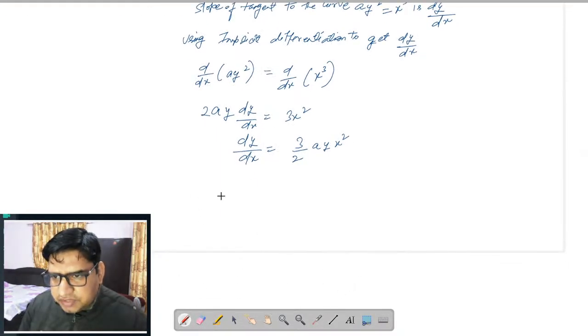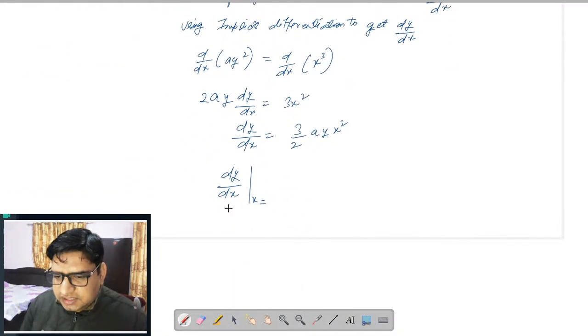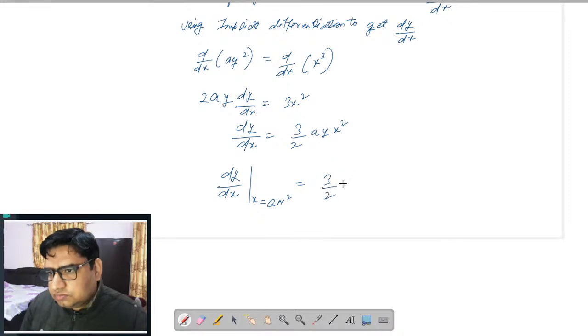What we need to find here is the slope at x is equal to a m square. At x is equal to a m square, this will result into 3 by 2a y times x square.